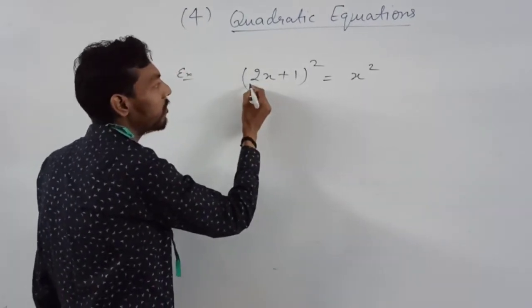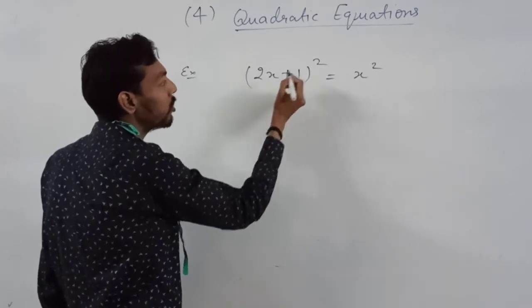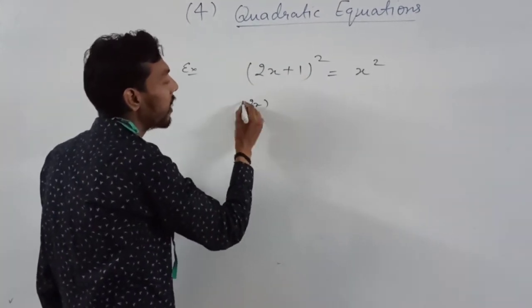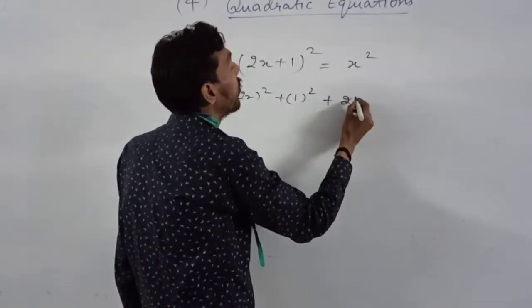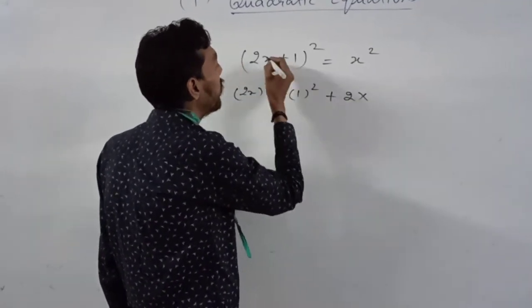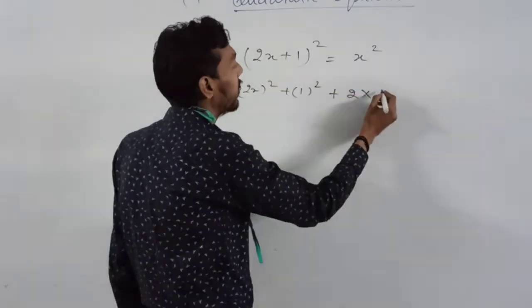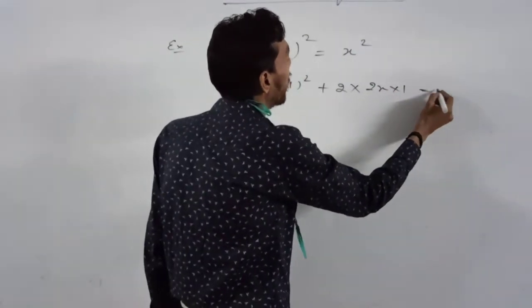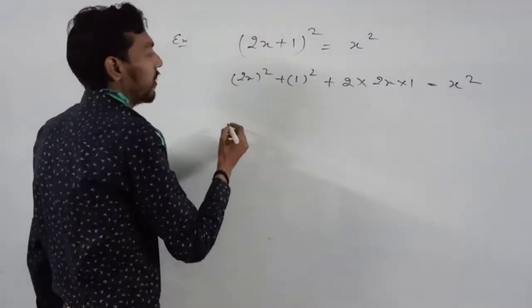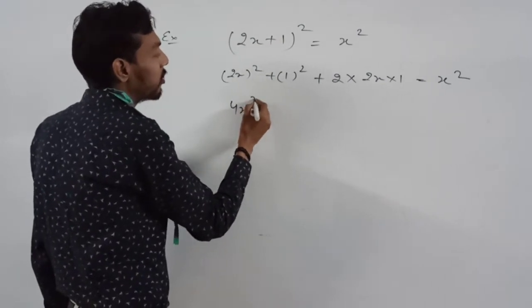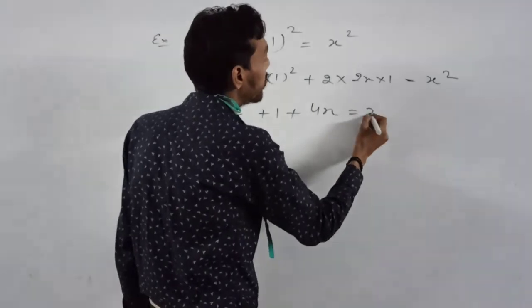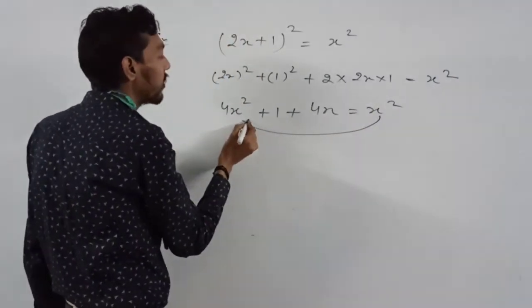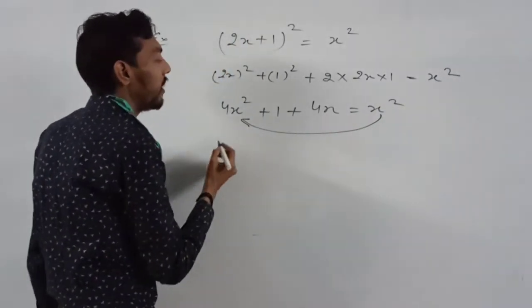Here the formula is (a plus b) whole square, that means a square plus b square plus 2ab. Here 2x is a and 1 is b, so (2x plus 1) whole square is 4x square plus 1 plus 2 into 2x into 1, which is 4x, equals x square. x square is transferred to the left side.